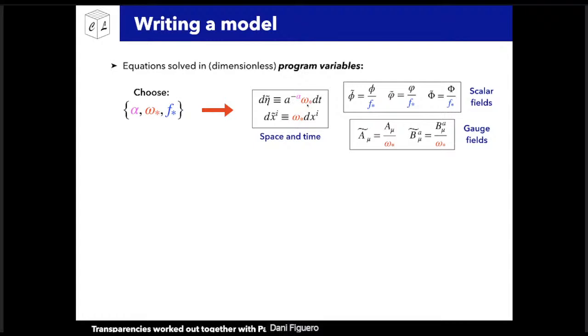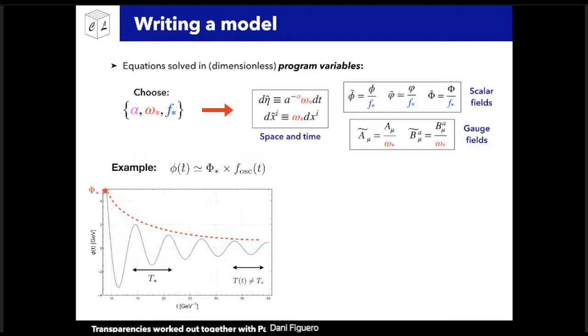Omega star is a typical frequency in your problem. So you have to choose what this frequency is, and then you make dimensionless space-time units. And then you have to choose a typical field amplitude, and you make dimensionless field amplitudes like this. And then the gauge fields, you normally normalize them with the frequency.